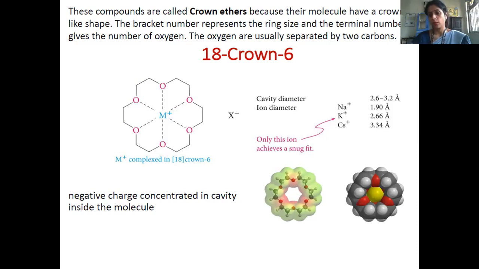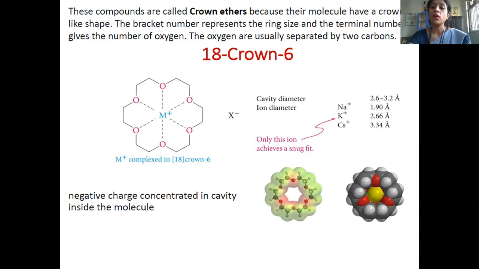Now, the question arises, for example, if you are given a question that the cavity diameter of this 18-crown-6 is around 2.6 to 3.2 angstrom, and you are given 3 ions. One is the sodium ion, which has a diameter of 1.9 angstrom. Another is potassium, which has a diameter of 2.66 angstrom. The third is the cesium ion, Cs plus, which has a diameter of 3.34 angstrom.